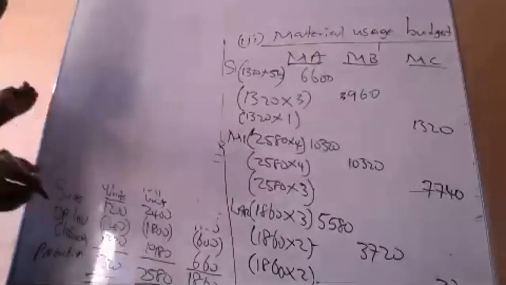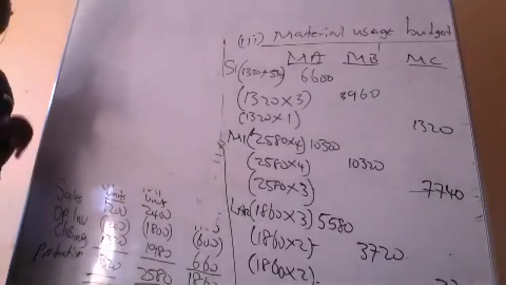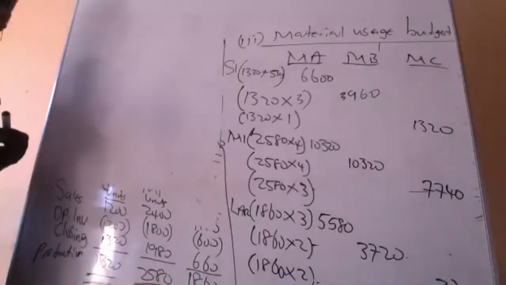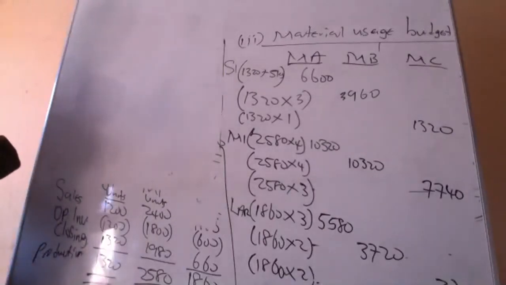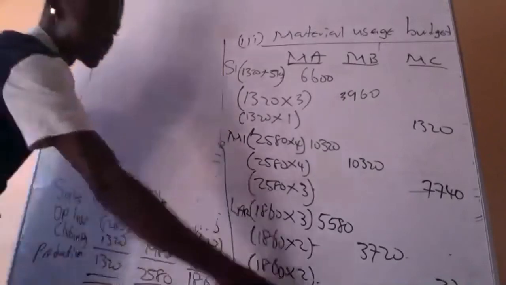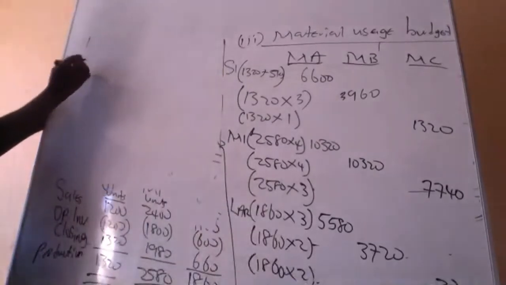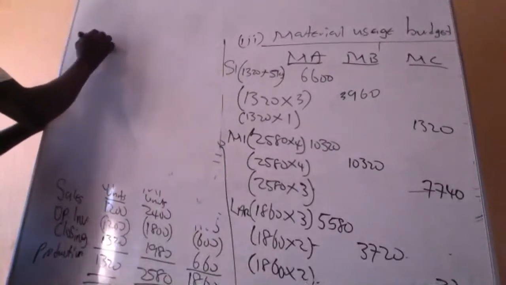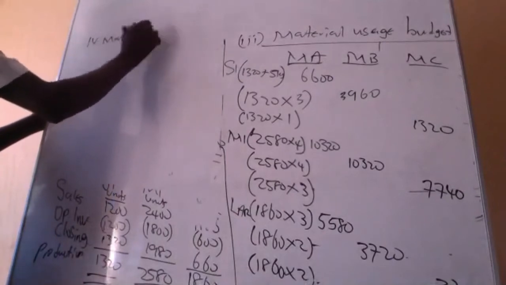Out of what we need, sometimes you do have something in stock, that's the open inventory. And we have to also leave some, that's the closing inventory. You have to massage it and get the actual materials that we will buy. That's the material purchases. So the next one will be the material purchases budget.